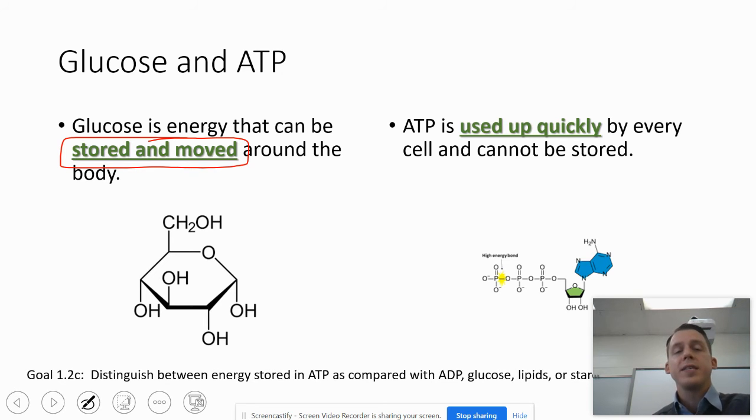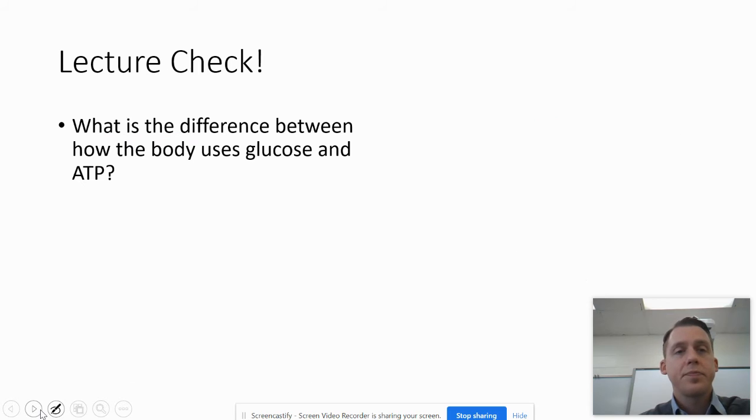So we actually take glucose and use it to make ATP, and ATP goes like that. ATP is very quickly used, but we can't really store ATP because everything can use it. It's not very stable. So glucose is energy that can be stored. ATP is the way our cells use energy, and ATP goes quickly. So we have to keep making ATP because it won't sit around for a while.